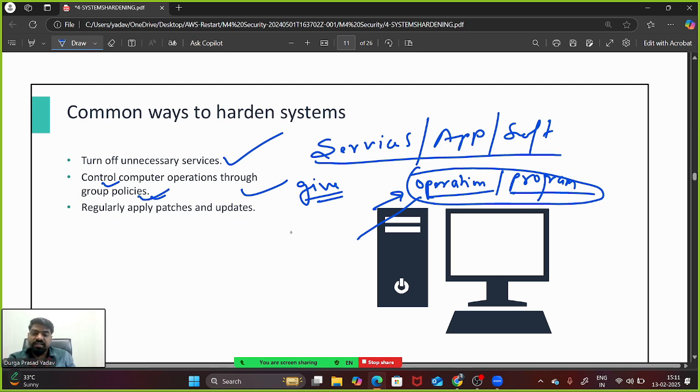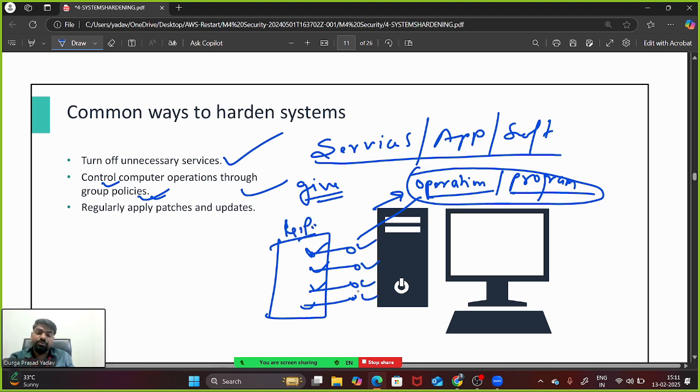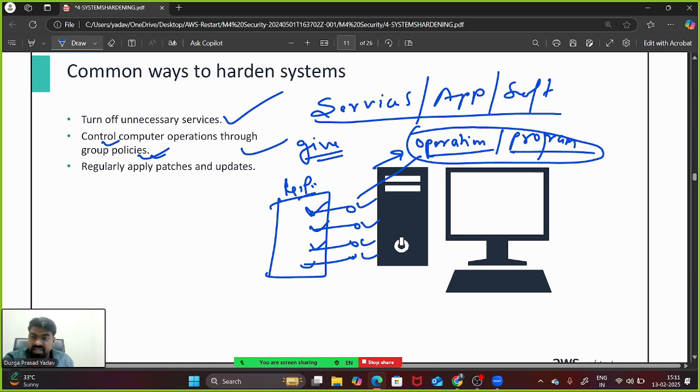Group policy means, let's say there are a few users who are members of a group. As per this group there will be one group policy, and this group policy will be applied to each user of the group. So rather than giving permission directly to individuals, we can apply the permission to the group, and we need to verify this group policy, like how much access we are giving.